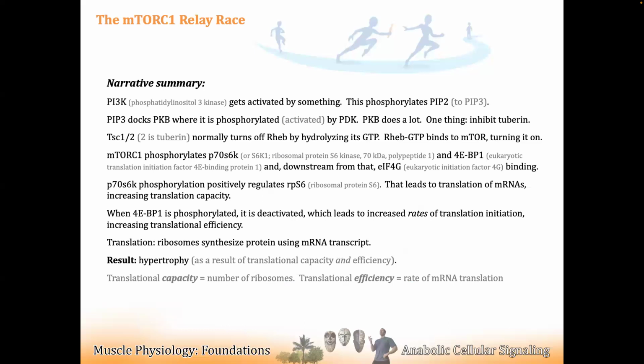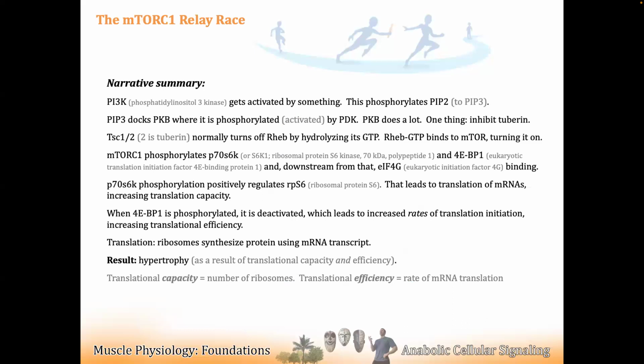But if you do have PIP3, that PIP3 permits the activation of PKB by PDK, phosphoinositide-dependent kinase 1, or you can activate it with mTOR complex 2, but you can only activate PKB once it's in position here.